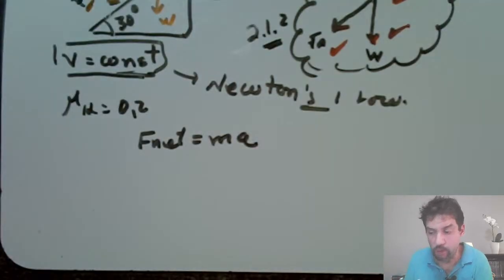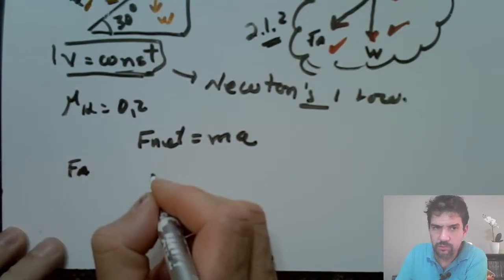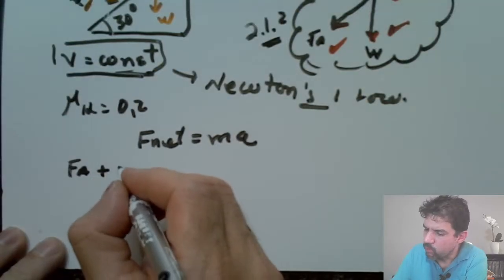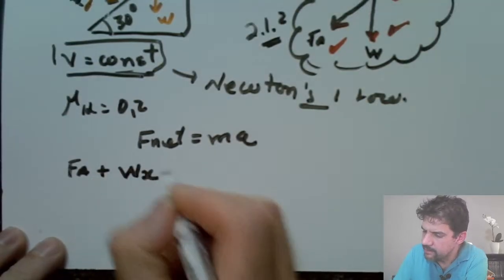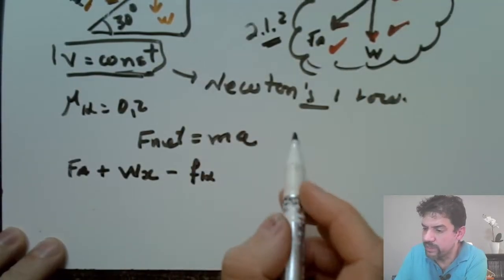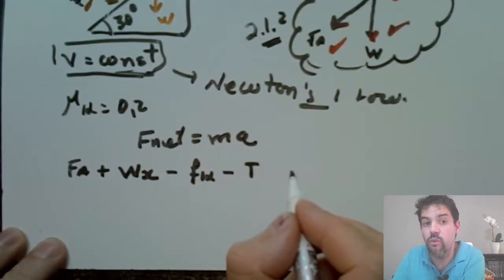So what do we have positive here? We have the applied force, we have plus the weight in x, we have negative friction, which we did calculate previously, and we also have T, which is what we are looking for.